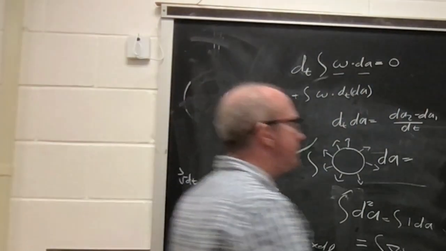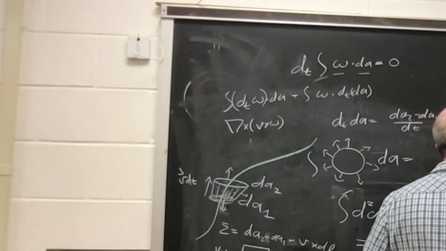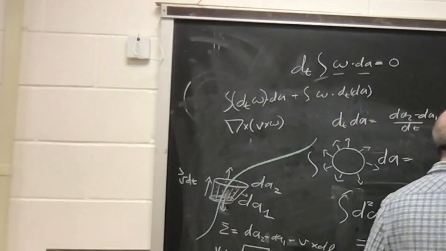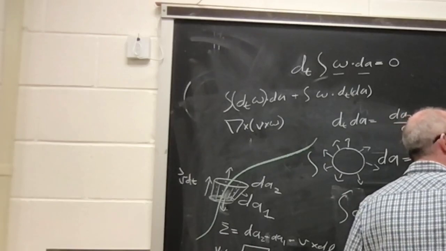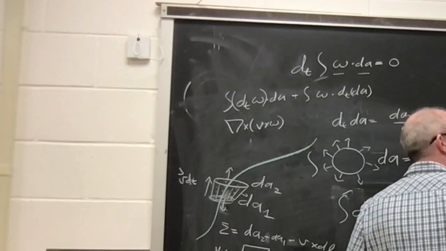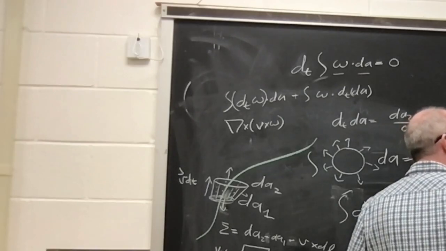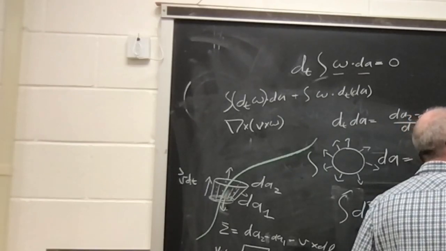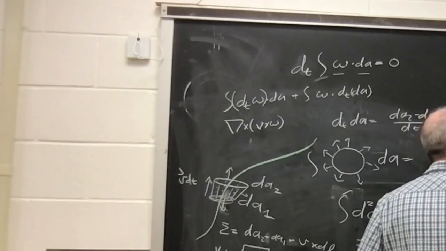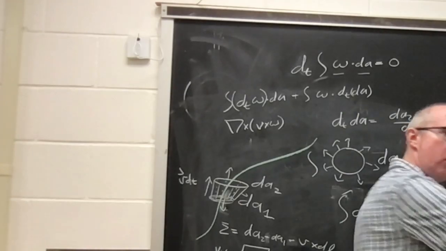So I've got this can that's evolving through space. This is dA1, this is where I start. This is dA2, this is where I end up. I know that dA1 plus dA2 plus the surface equals 0 because they're all pointing outwards.